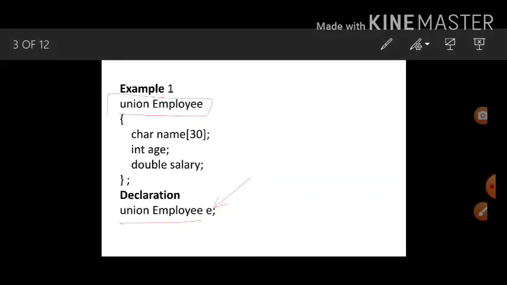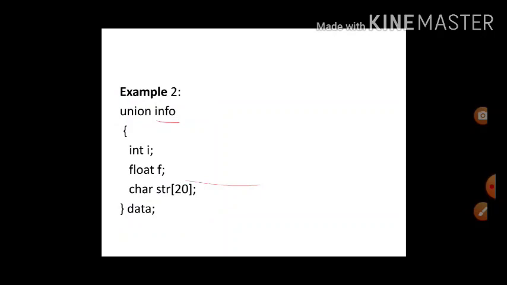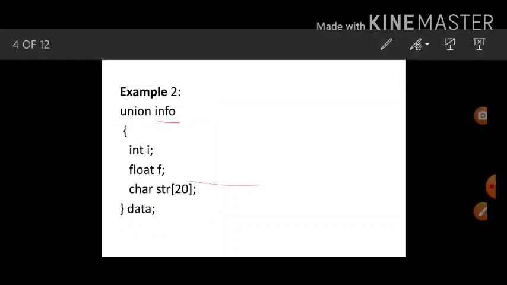In the previous slide, we just defined the union, but we did not declare any variable. We declared it in the main program. But here we have declared it along with the union definition: union info, give all the members, and then declared the union variable data along with it.